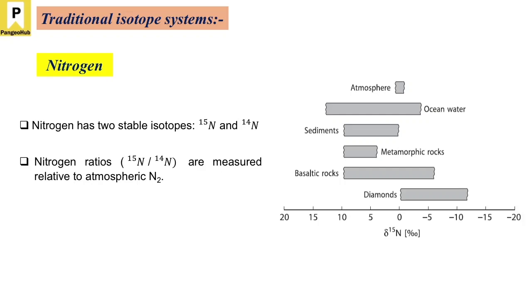So this is generally showing the application in geological systems. In atmosphere, this nitrogen is very close to zero. The ocean water, it varies like this. In sedimentary rock, it is generally negative. It is in the negative part in the metamorphic rock as well. The basaltic rock, it varies. And in diamonds, it is generally positive.